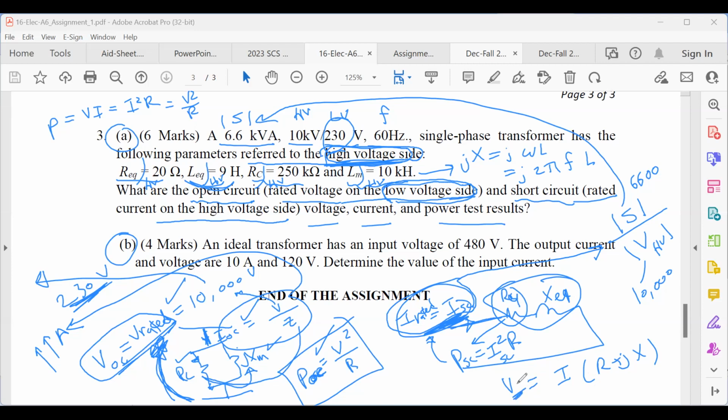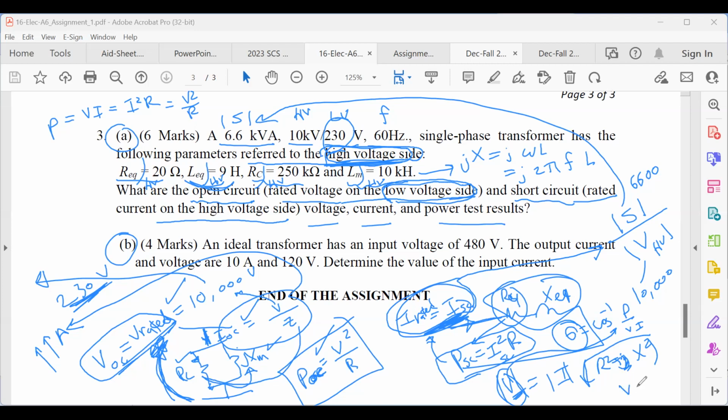You can get the magnitude of the voltage, which is the current times the square root of R squared plus X squared. And you can get the angle, because after you calculate the power here, you can get the angle by cosine inverse of P over V over I. After having the magnitude, you can calculate the angle.